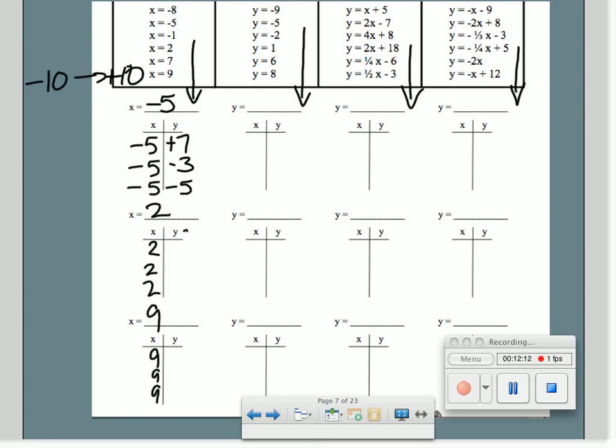So, for the next one, y equals -9. Your x, you're going to decide, at least 1 positive and 1 negative, and your y is going to be -9, -9, -9.